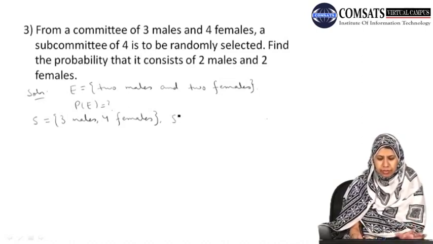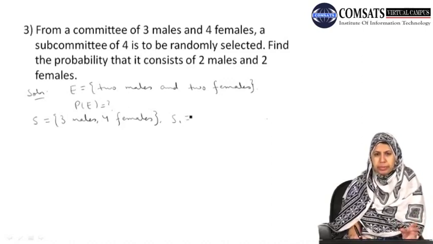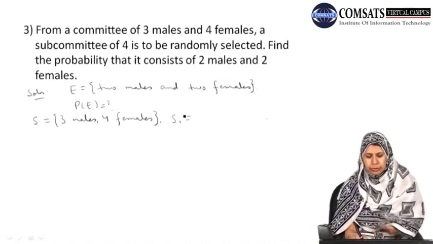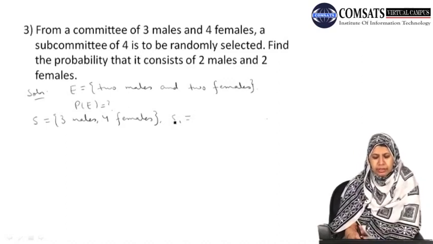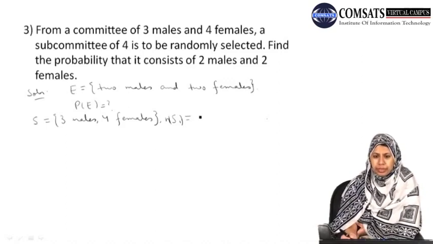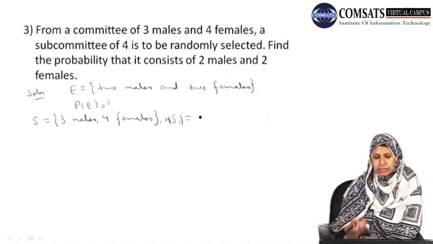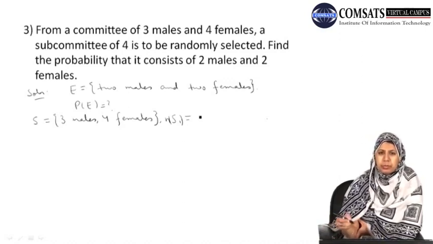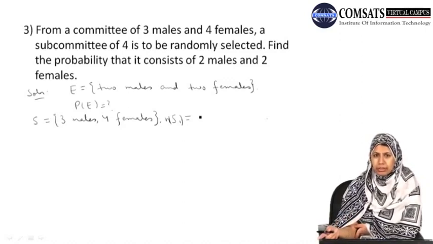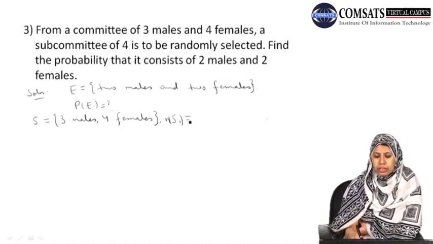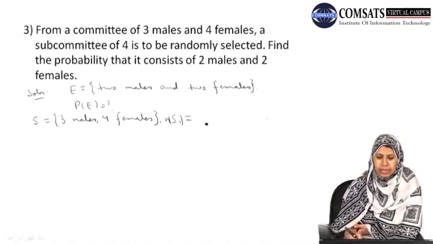Let's say S1 is our new sample space with which we will work. We are selecting our members for the subcommittee randomly, which means that order does not matter here, or the arrangement does not matter. The only thing that matters is the number of possible combinations which we may select.